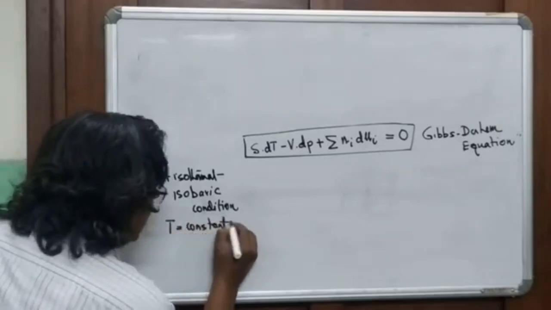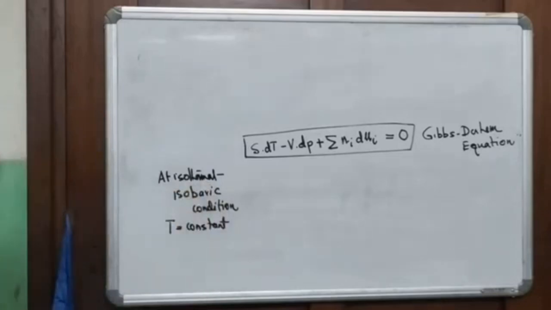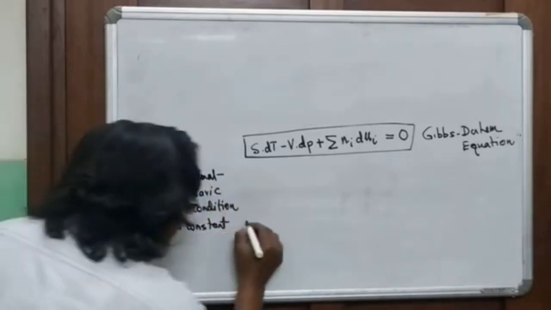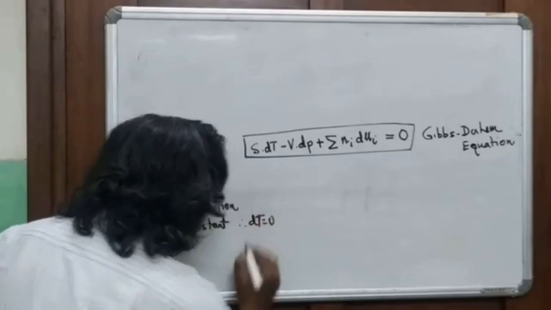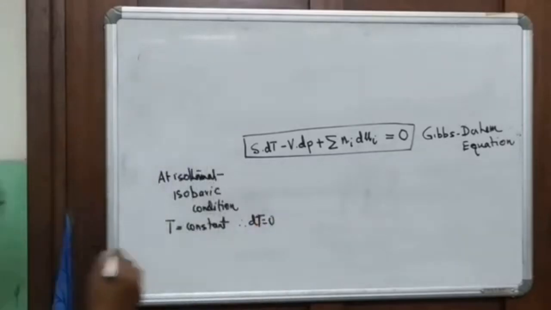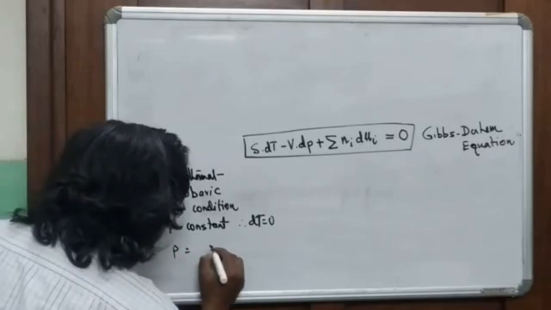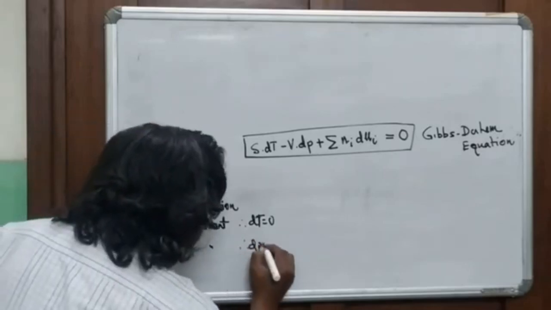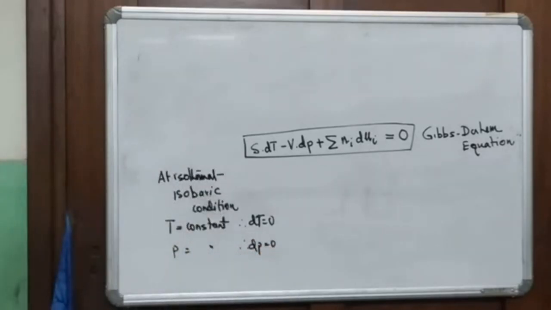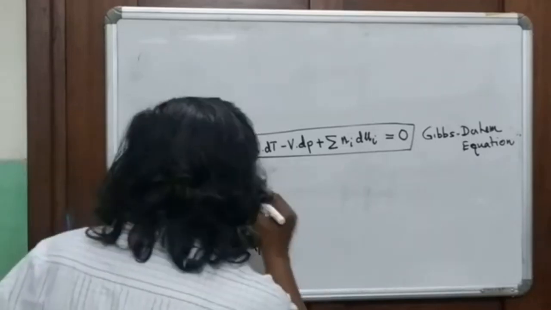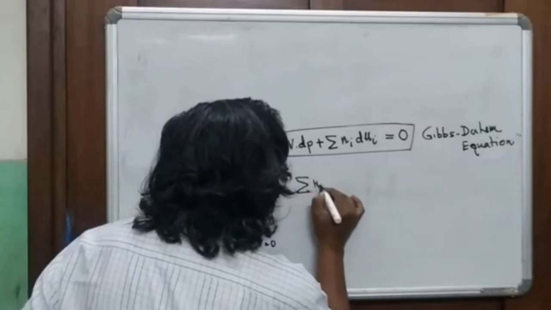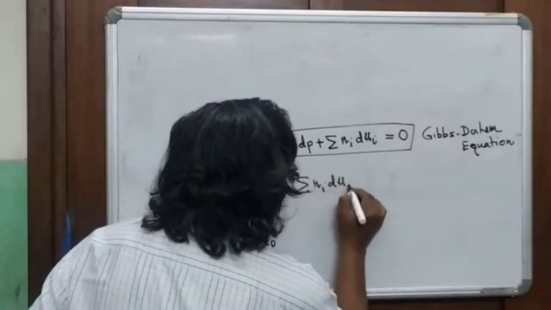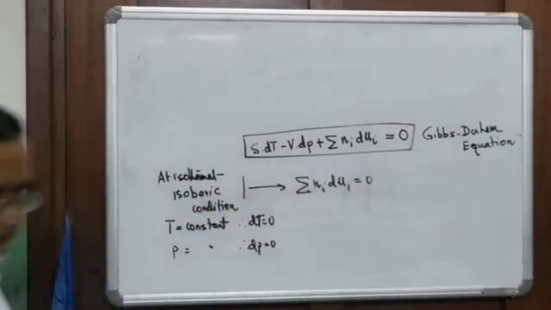You have said that T is known. Therefore, dT is equal to 0. And P is also constant. Therefore, dP is equal to 0. If you apply this at isothermal isobaric condition, sigma Ni d mu I is equal to 0.